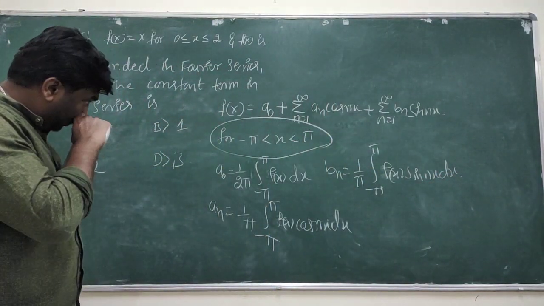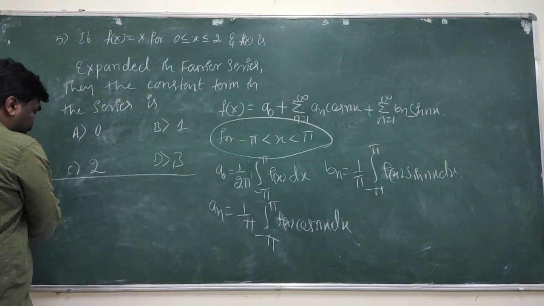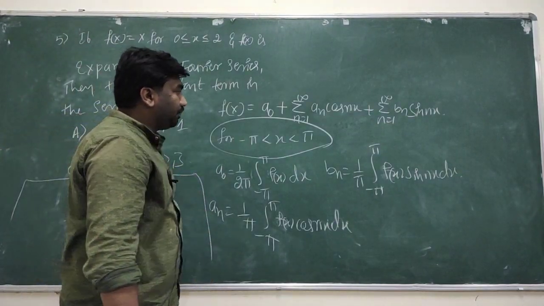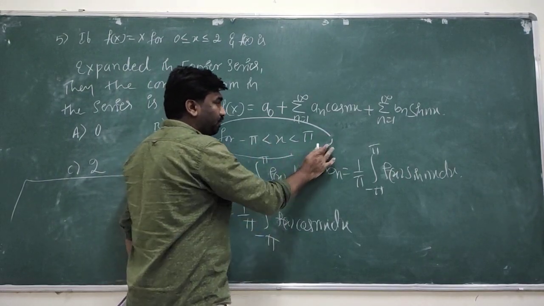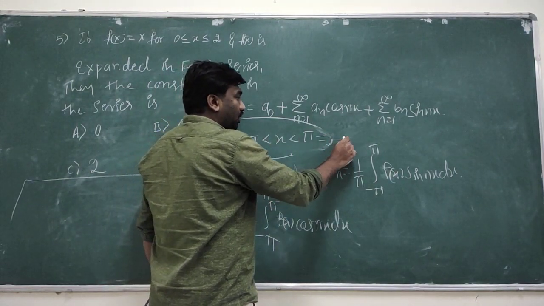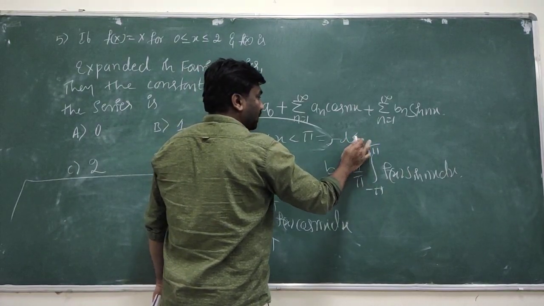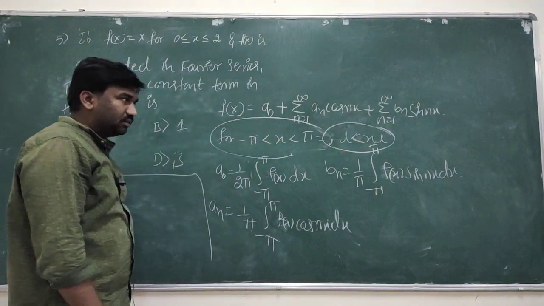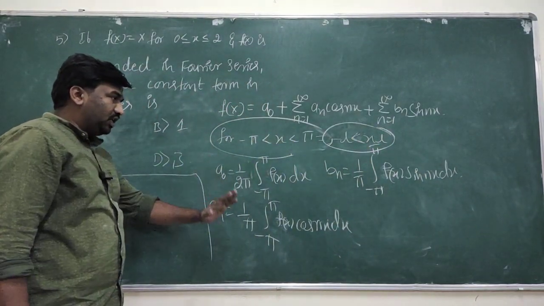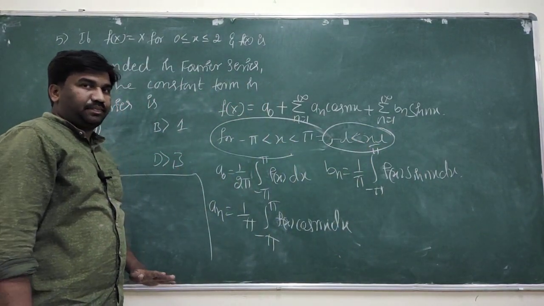Okay, when the limit changes from minus pi to pi to minus L to L, it's a general limit, then this a0, an, bn will change.